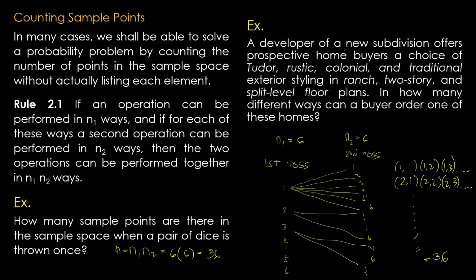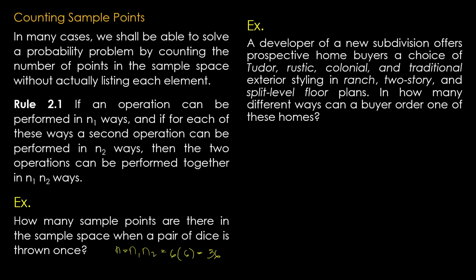Okay. For example, try to solve this one. The problem says, a developer of a new subdivision offers prospective home buyers a choice of Tudor, rustic, colonial, and traditional exterior styling, and in ranch, 2-story, and split-level floor plans.